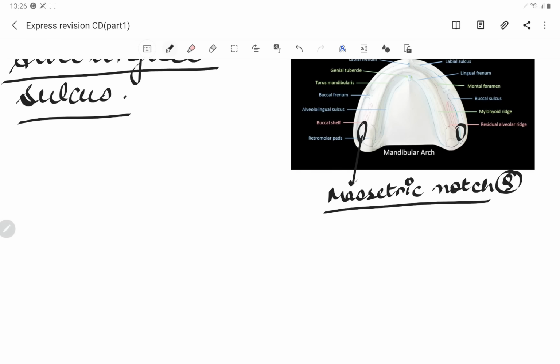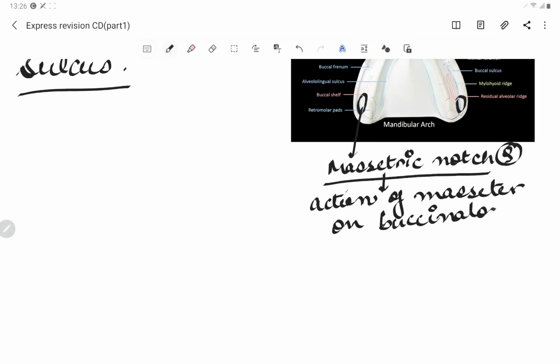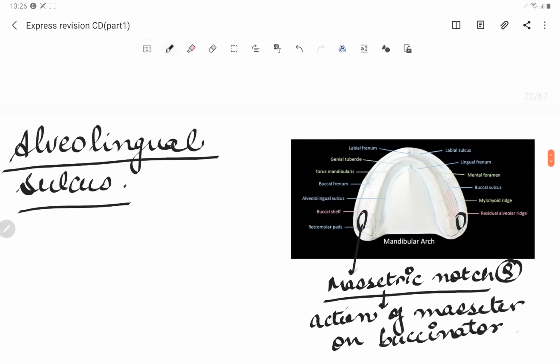It is attached buccal to the crest of the mandibular ridge and the retromolar pad in the distobuccal corner. It is formed by the action of the masseter on the buccinator, and it is recorded in the mandibular impression.